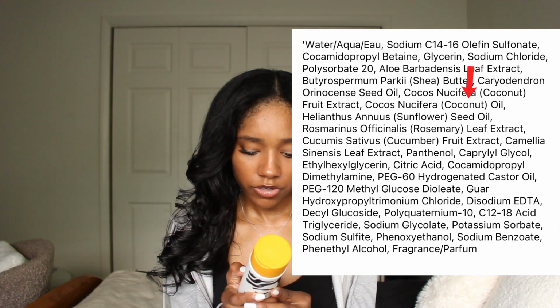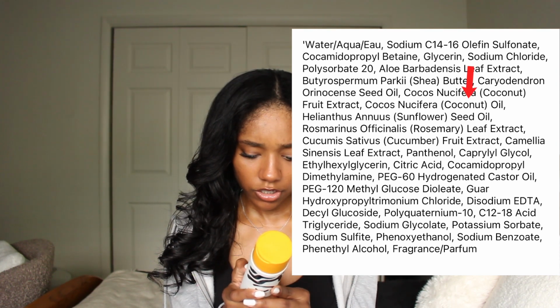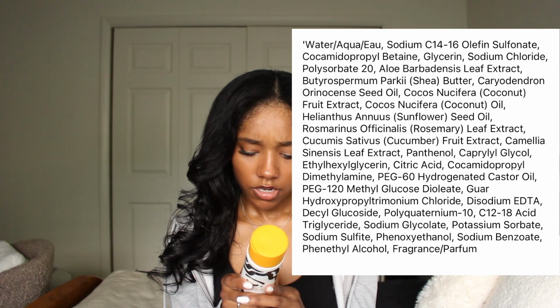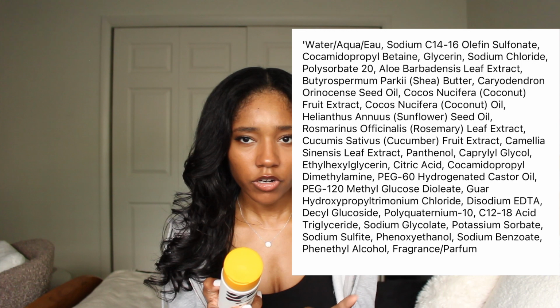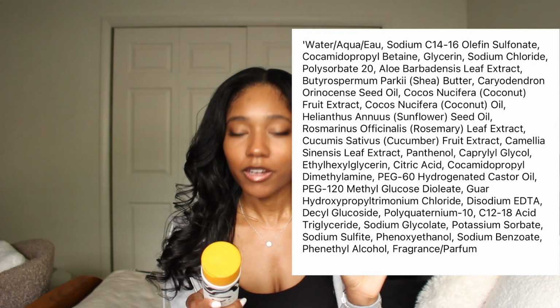Next one is coconut oil and coconut fruit extract. Next, I see castor oil, which I love. Coconut oil, I'm like, okay about coconut oil, castor oil, very good. Great for adding oils to make your hair shiny and to lock in any moisture that you have, which is really good.